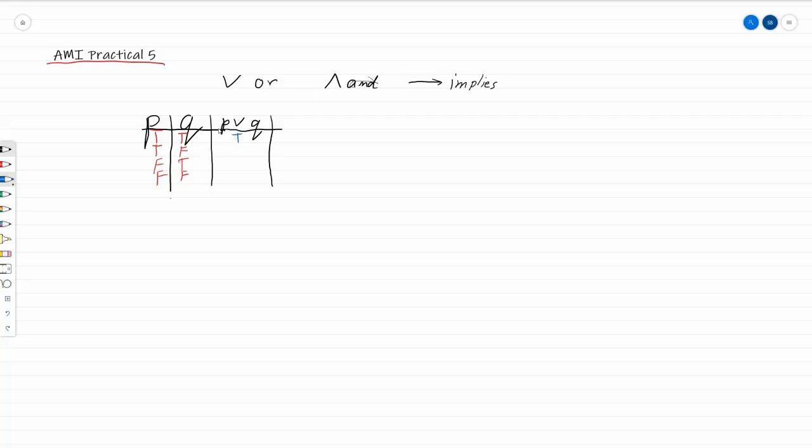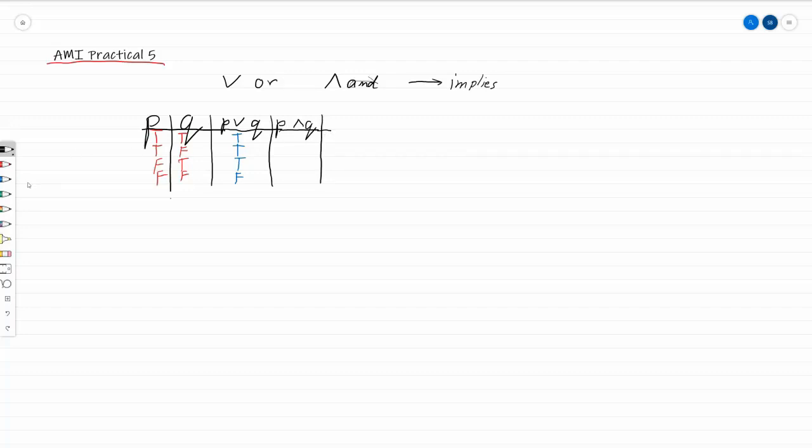True or false, so P is true, Q is false, OR basically takes the preference for the true, so this one is also true. Same for false or true, P is now false, Q is true, so that's all good. And then false or false, now it can't take a true, so now this one is finally going to be false. And that's how that one works out. Cool. So, AND is pretty similar, P and Q.